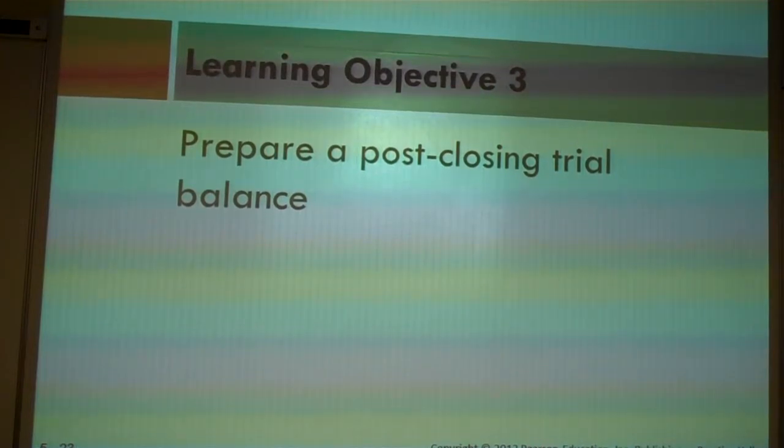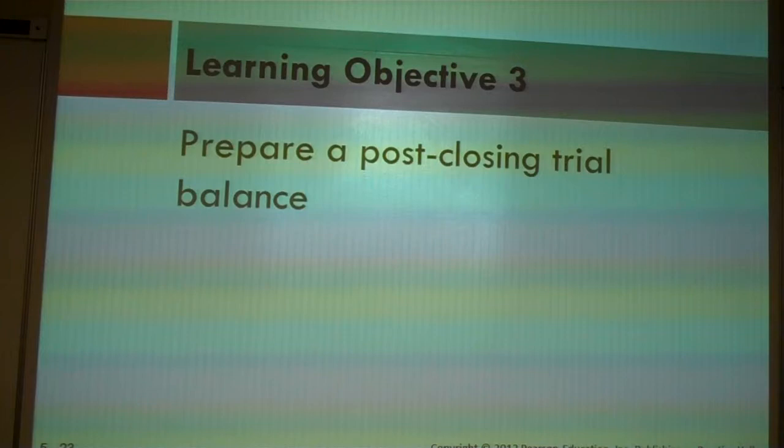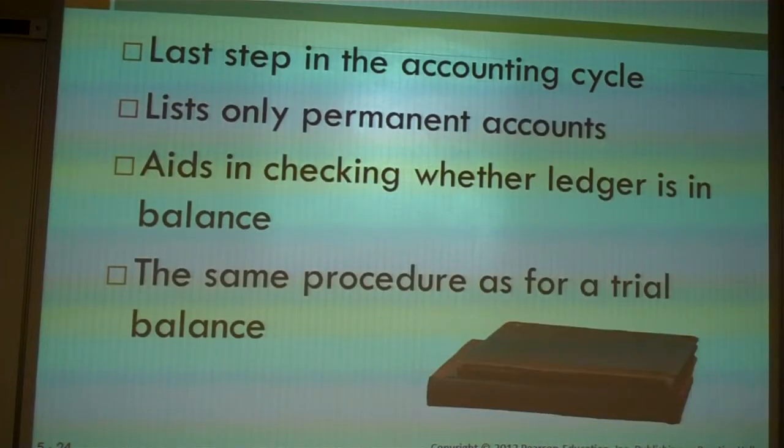Assets, capital, and our liabilities. We shouldn't have a withdrawal, we shouldn't have income summary, we should not have any expenses or revenue. That's all we should have left.